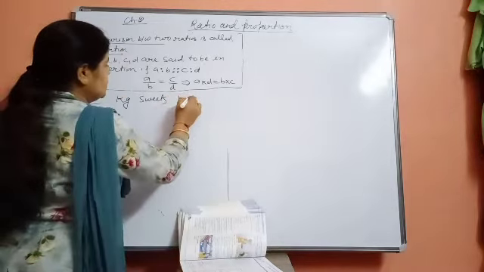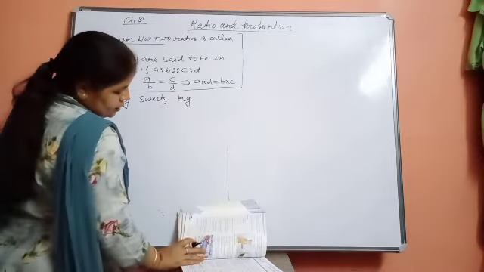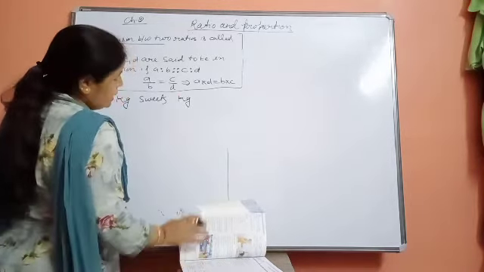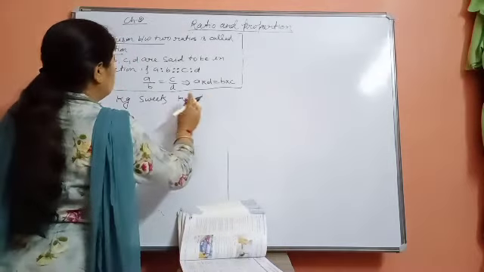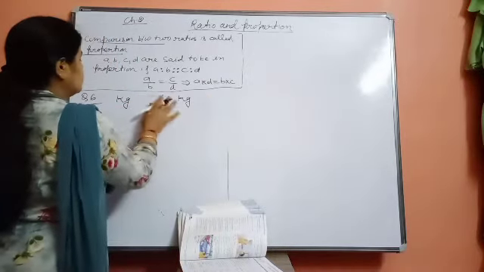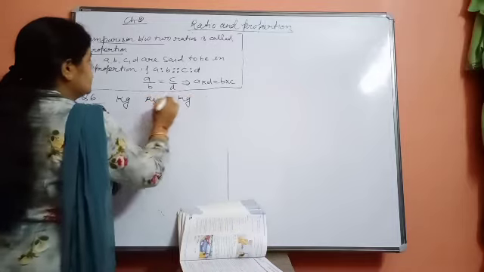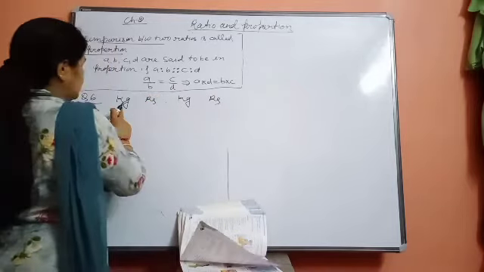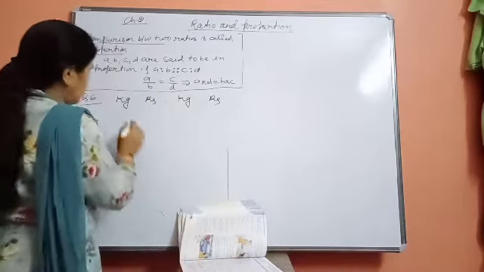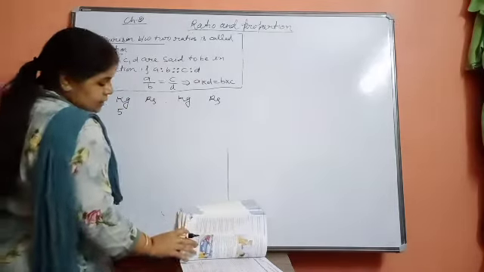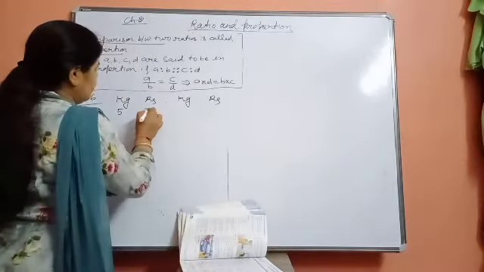First kg, and then kg, rupees. How much cost is given? 5 kg sweets cost is how much? 750 rupees.